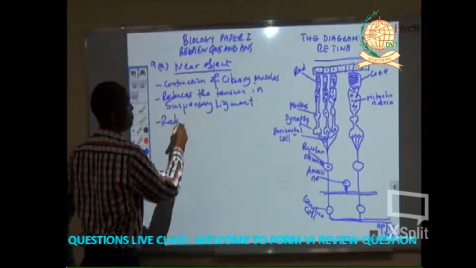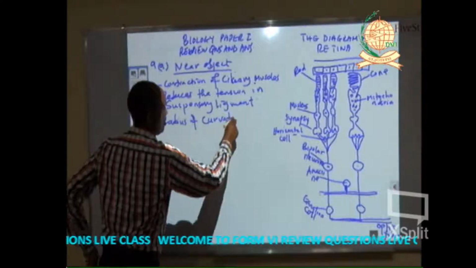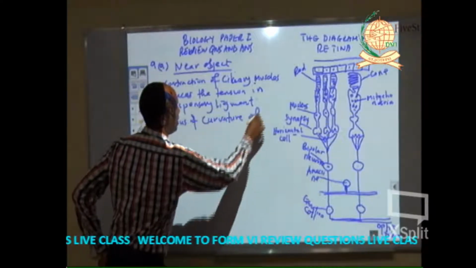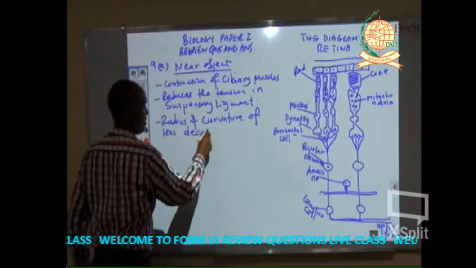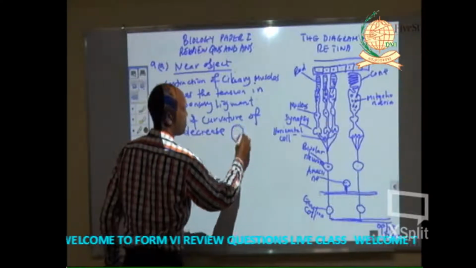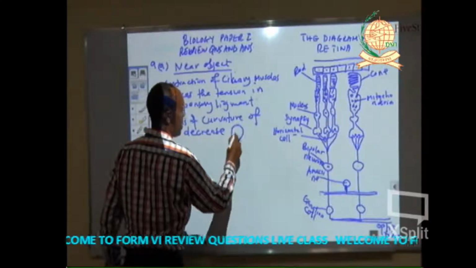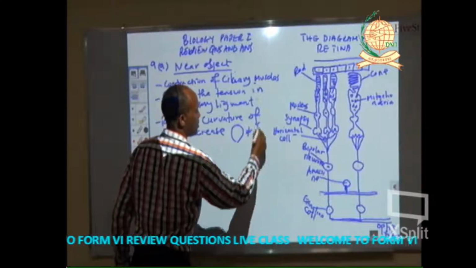The radius of curvature of the lens decreases. So the lens becomes like this one, not like this one.